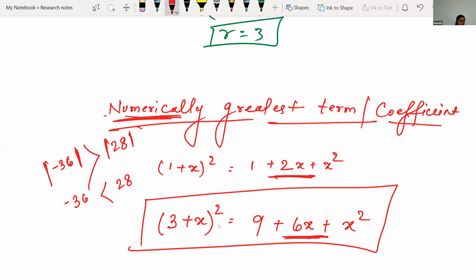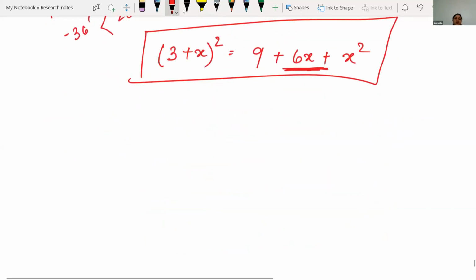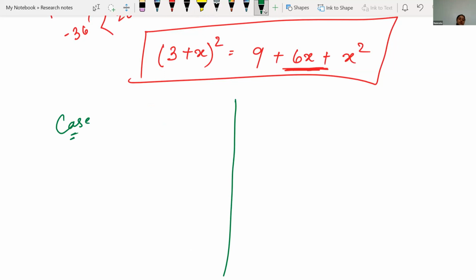Now we are saying here two cases we will be getting. One of the cases, let's say the r plus 1th term is having the largest, that is having the greatest coefficient.